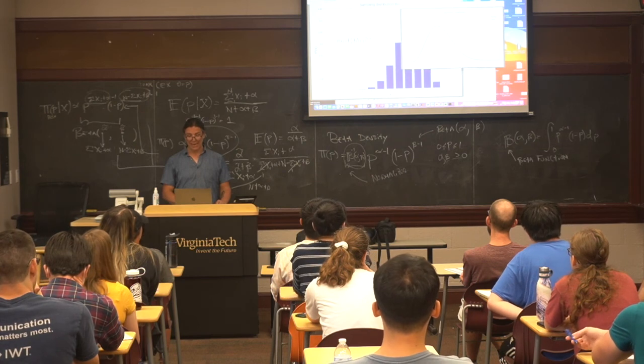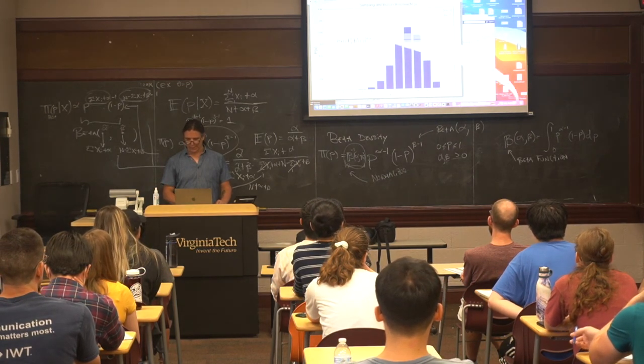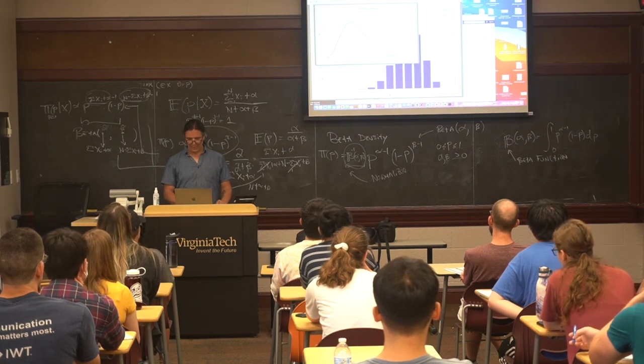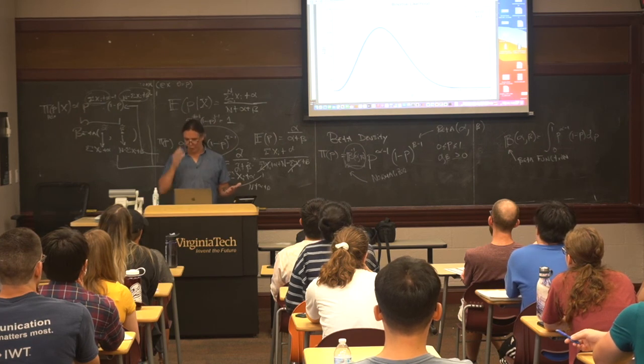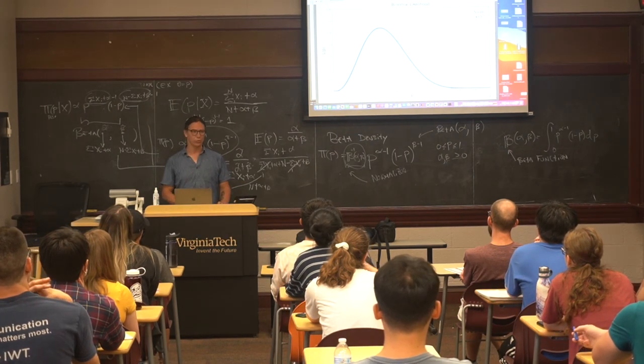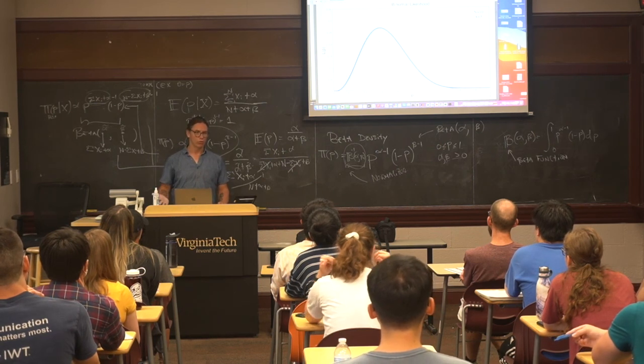If I saw data, and I plugged in the actual data into the likelihood function, I might see something like this. And this is a likelihood if I ended up seeing x was equal to 3, so 3 successes out of 10, this is what the likelihood function looks like.